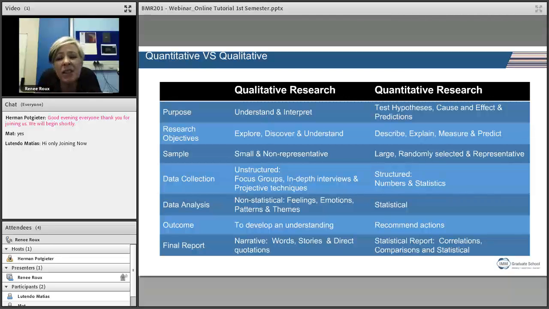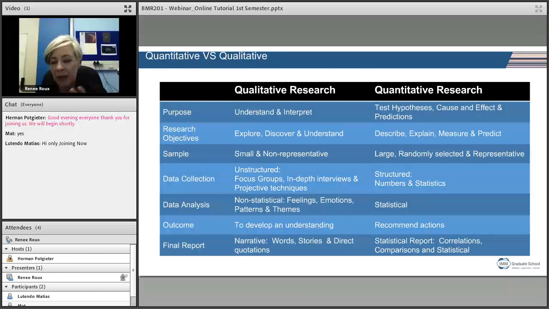And this is just again to show you the differences between qualitative and quantitative. The purpose first for qualitative is to understand and interpret, where quantitative is you test something, you test a hypothesis, a finding, a cause and effect.